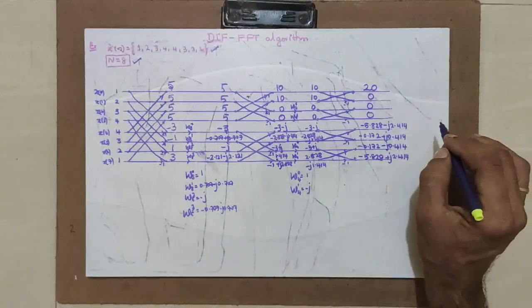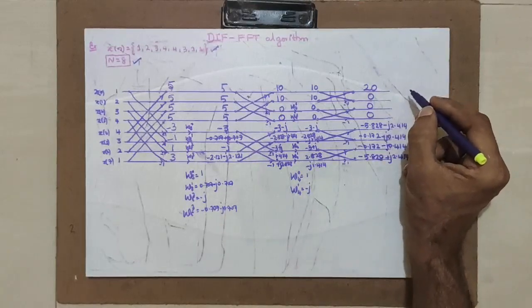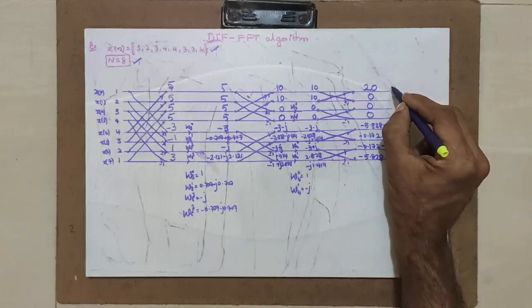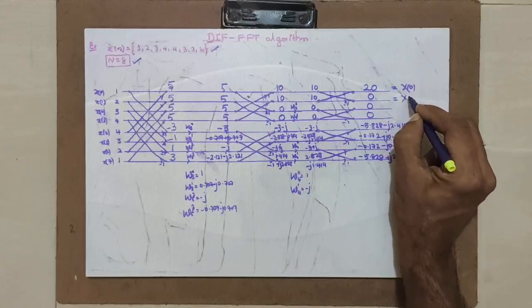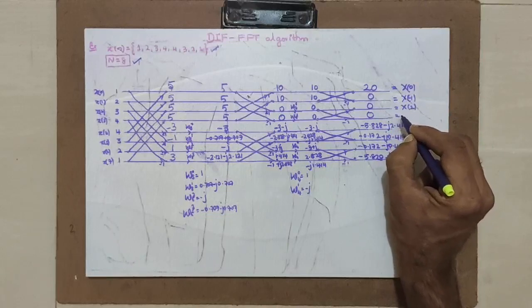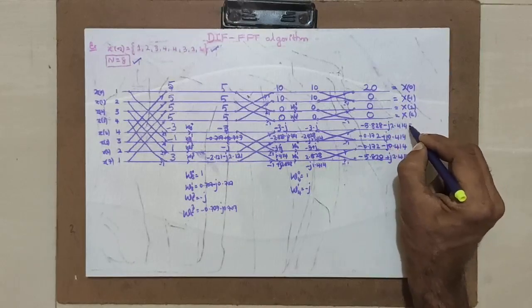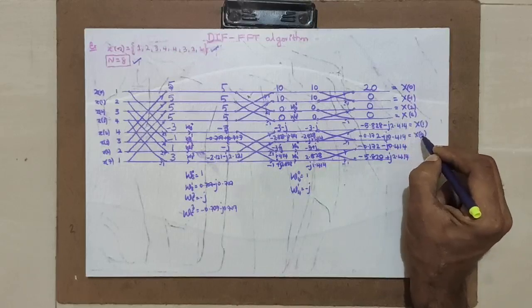Now it is very important that the output stage is decimated. Its order is shuffled here. Hence you should be careful while you write this. First is x0. Next x4. Next it is x2. Next it is x6. This is x1. x5.